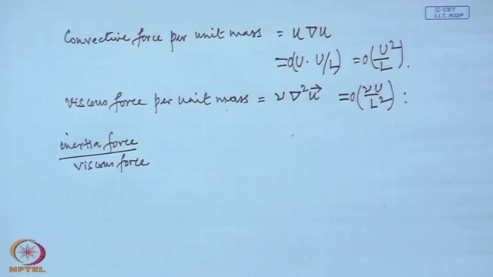Earlier we said that the convective force is dominant. Now, how do we measure dominant? That one is much larger than the other. So, this is what quantifies it. What is it now?